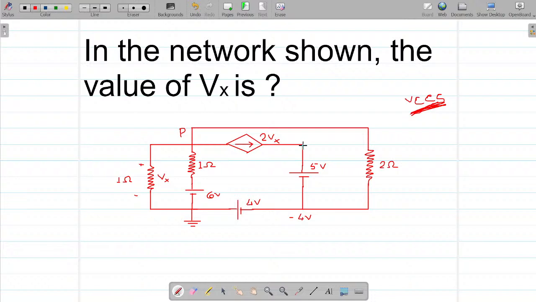Tell me. It would be 5 volts more than the potential at this point. So it would be 1 volt here. Okay. So this is something that we have.